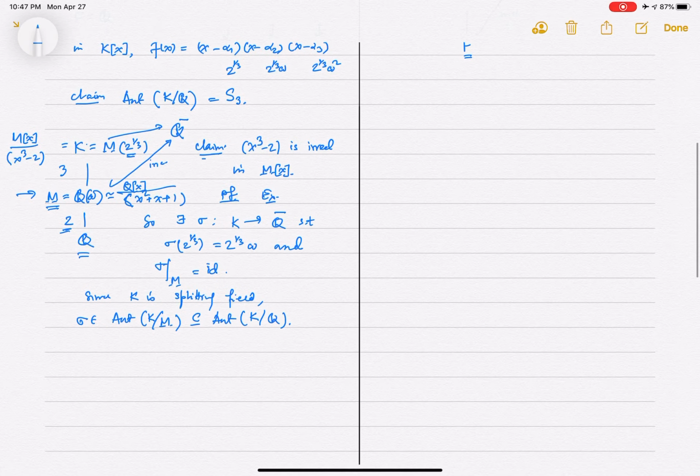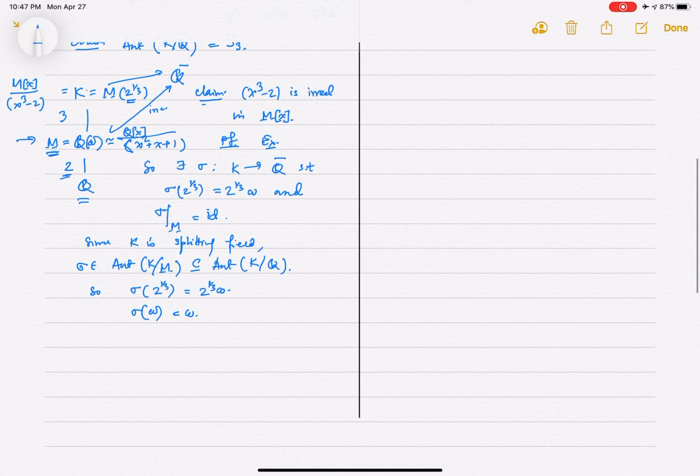So what does this guy do? This sigma takes 2 to the 1/3 to 2 to the 1/3 omega, but it fixes m point-wise, so it takes omega to omega. So now you have an automorphism of k that does this thing. And then you can figure out what it does to the other roots.